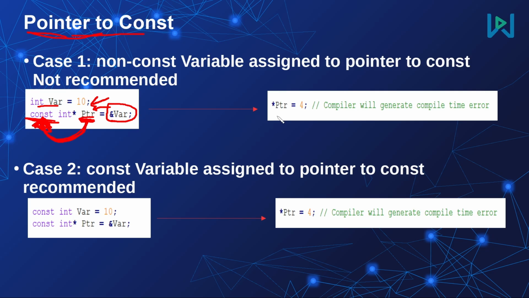Now, if we try to access the content of the variable through the pointer, as you can see, and we try to update it, then the compiler will generate a compile time error.